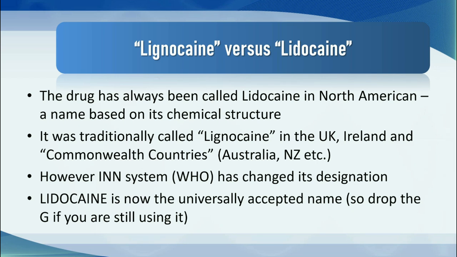That's a system established by the World Health Organization to standardize drug names globally. Lidocaine is now the universally accepted name for this particular agent, so stop the G if you're still using it. Incidentally, epinephrine is the INN name for adrenaline, but where I work, adoption has been a little bit slower for that particular agent.